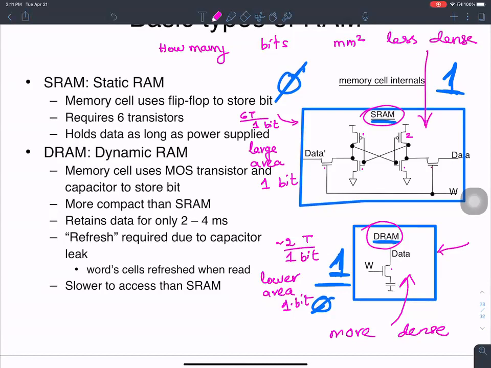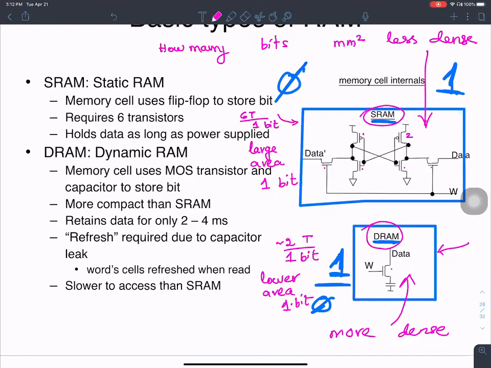Therefore, it may seem that it is cheaper to have DRAM, but there is no free lunch. There are going to be more disadvantages for one versus the other. The choice between SRAM and DRAM is not solely based on density. There are other considerations like speed, storage permanence, and so on.